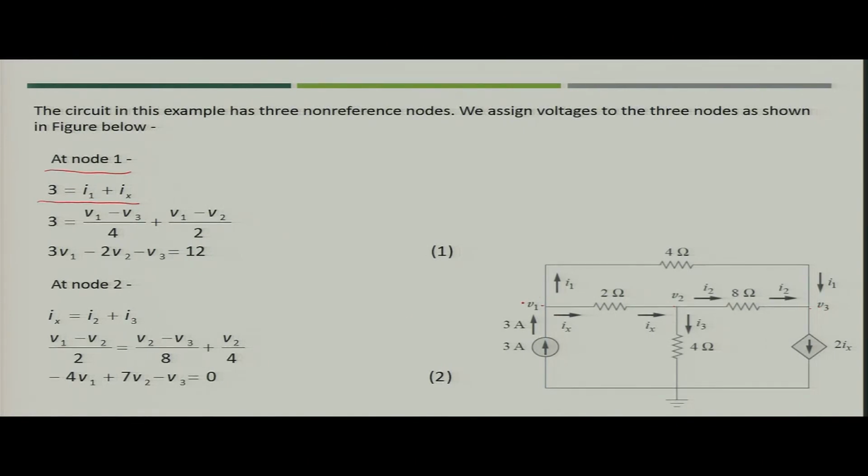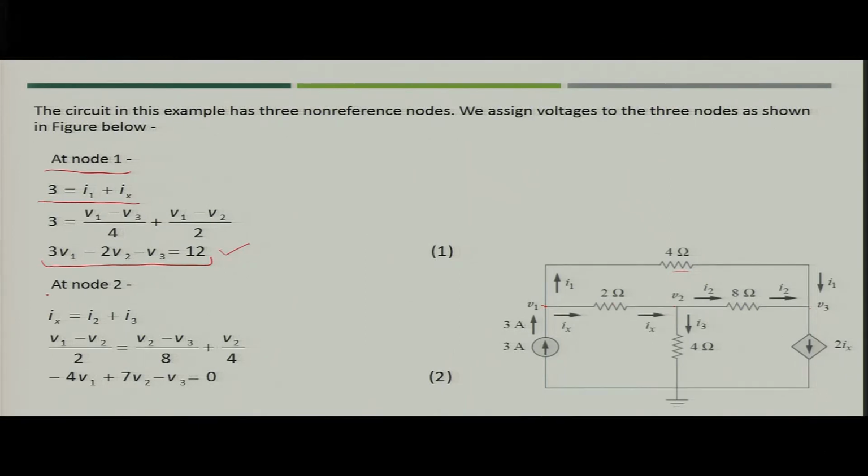So, when you write current I1 in terms of the voltages, you can write V1 minus V3 divided by 4, and for Ix you can write V1 minus V2 divided by 2. So, one equation which you got is 3 V1 minus 2 V2 minus V3 is equal to 12. This is the equation you got while applying KCL at node 1.